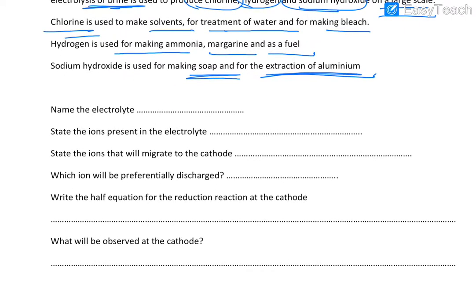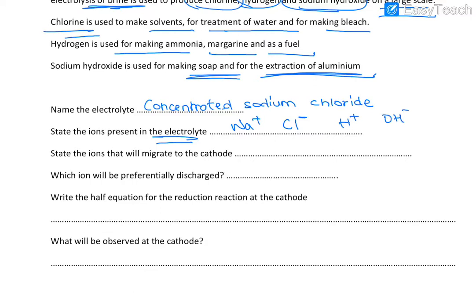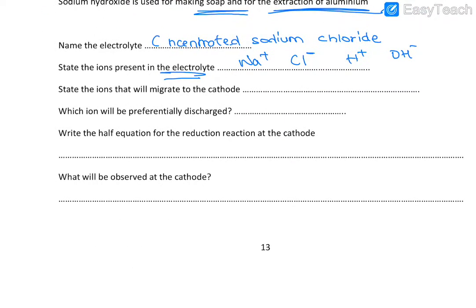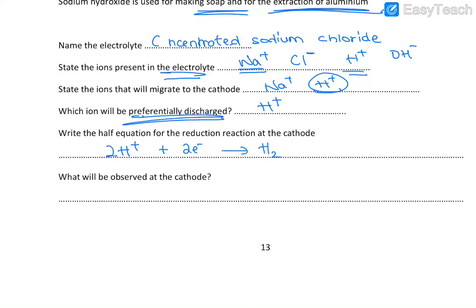So in here you have concentrated sodium chloride, which means that in the electrolyte you will have Na+ and Cl-, but you will also have some water, so you will have H+ and OH- in small amounts. Because you have Na+ and H+, these will migrate to the cathode, and the preferentially discharged ion is going to be H+. So at the cathode, you will have H+ getting reduced to hydrogen gas, and you will observe bubbles.